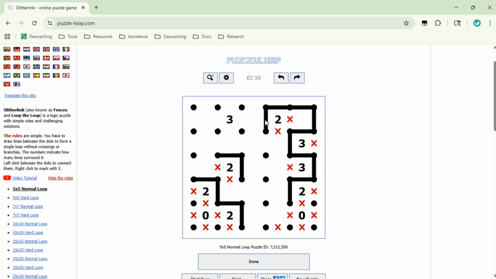Since this one can't be connected here, and this one can't be connected here, this one has to go to the right. It's the only option for this way to go. And it's pretty certain that the only way that these two can connect is like this.